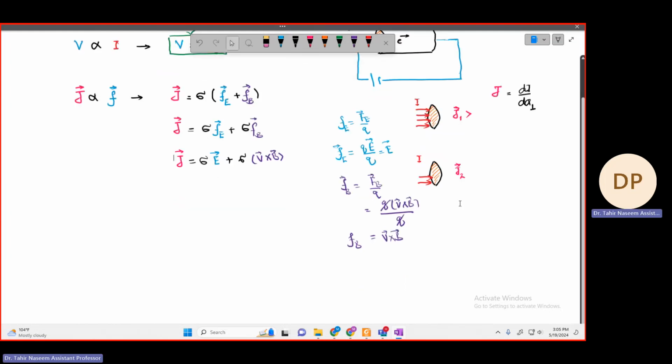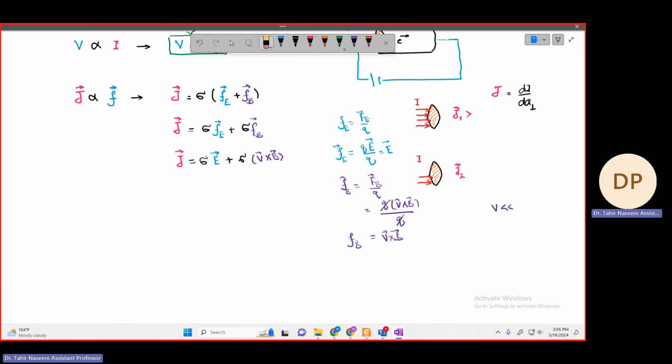But in most of the cases, because the charge's velocity is very small, right? In that case, we can actually ignore this term. So we can ignore it due to the small velocity.